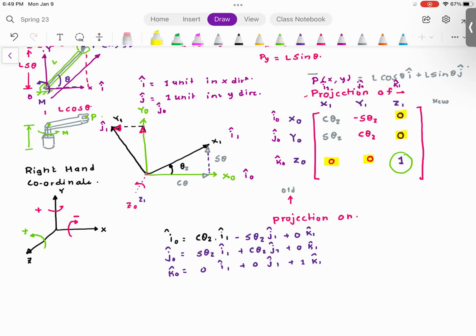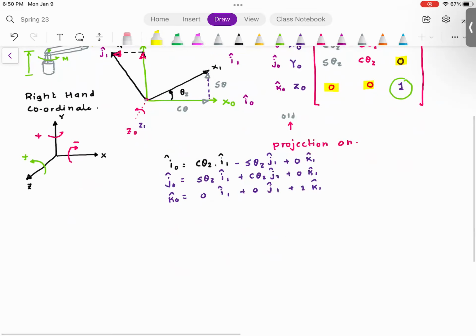So just for my own satisfaction, and we are not going to use this ever again, I would actually derive the transformations when you have the rotations about the different coordinates. But we are not going to use it.